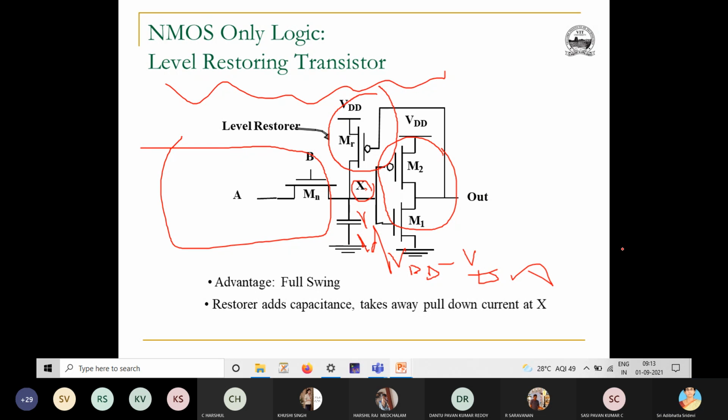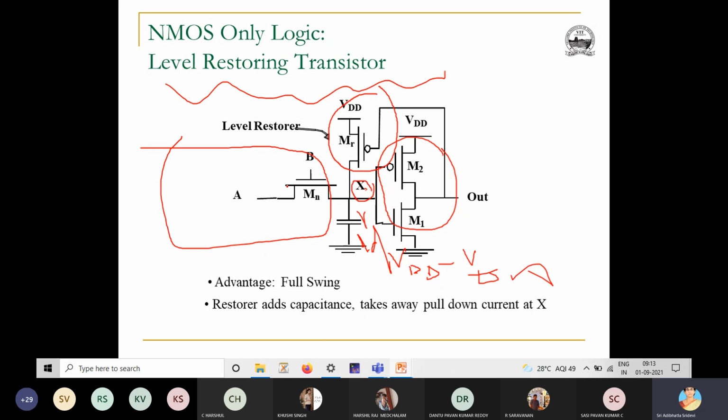Yes, ma'am. That's what I mean to say. What I'm saying is you may think that a pass gate has only one FET, then adding one more FET as a level restoring, is it not an overhead? Some of you may have that question. Don't think that the pass logic always has only one FET. Assume that there may be a very complicated logic we implemented using pass transistor logic, say A bar BC plus ABCD plus BC bar plus DC bar, some 6 variable function.